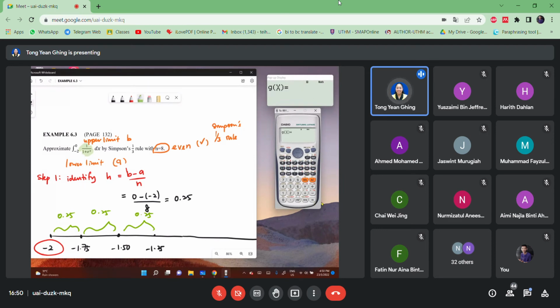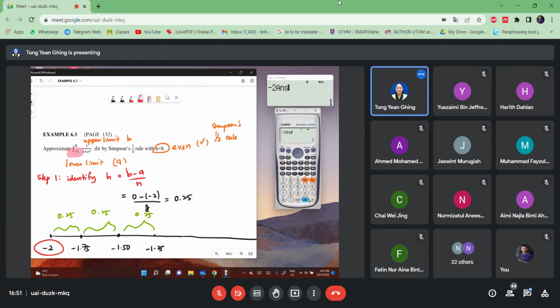Now it asks for g(x). We only have one function here, so for g(x) you just key in 0. Now it starts from the lower limit, -2, so we put -2.